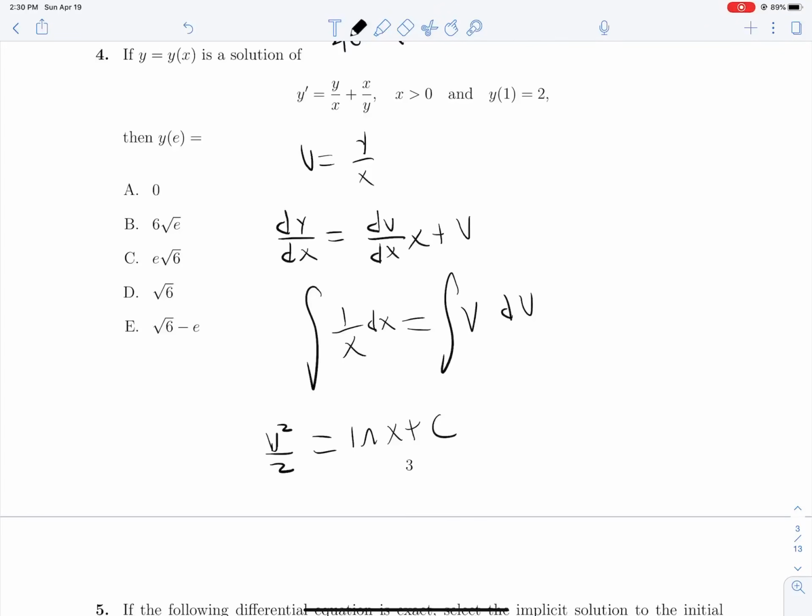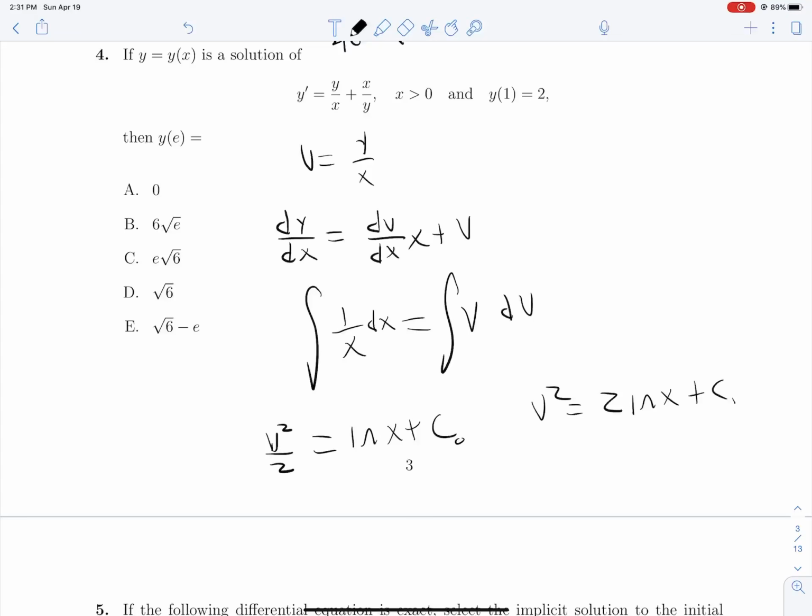Multiplying both sides by 2, v squared is equal to 2 ln x plus, we'll call it c1. That's just a constant that's equal to 2 times this c0. Sure.